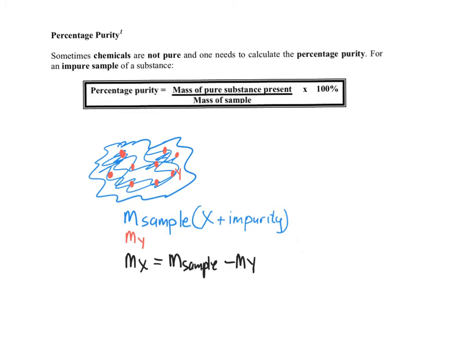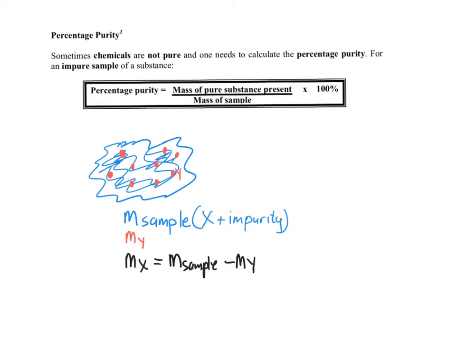So if we want to work out the percentage purity, then we need to work out what is mass X of the pure substance, because this is mostly X, compared to the mass of the sample.